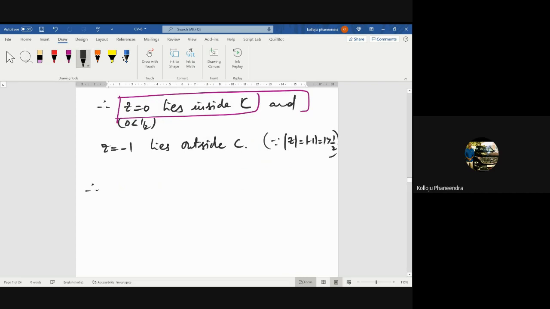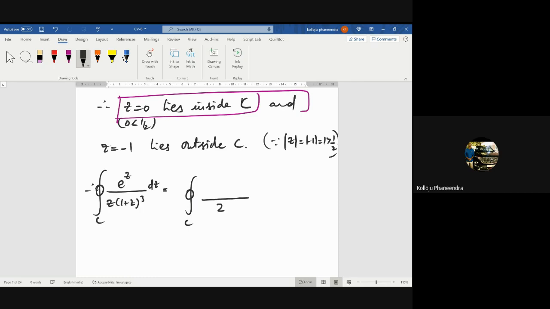Now, this can be rewritten; I will write it directly as dz. To apply Cauchy integral formula, the singularity is z = 0.